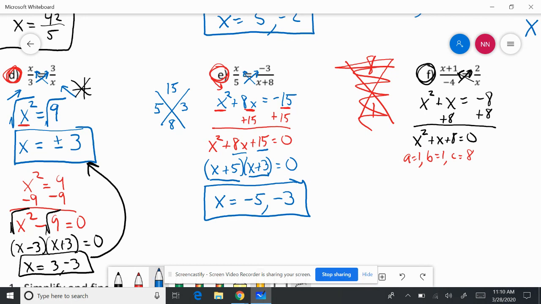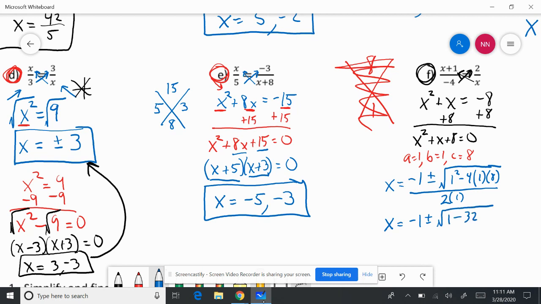So when we plug it in, we get x equals negative 1 plus or minus the square root of 1 squared minus 4 times 1 times 8, over 2 times 1. We get x equals negative 1 plus or minus the square root of 1 minus 32, all over 2.